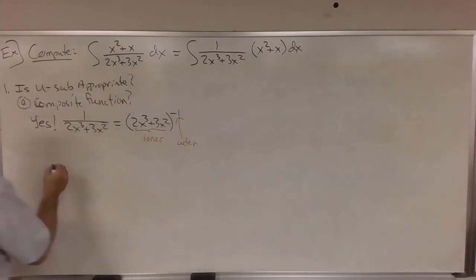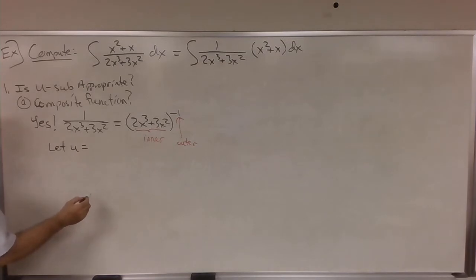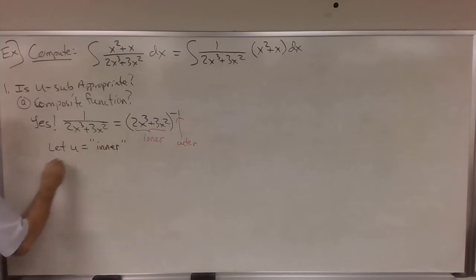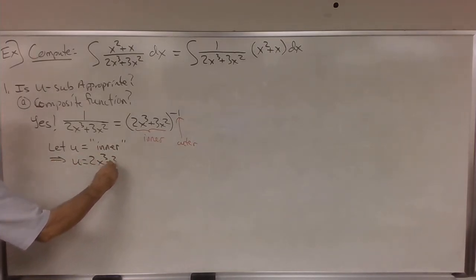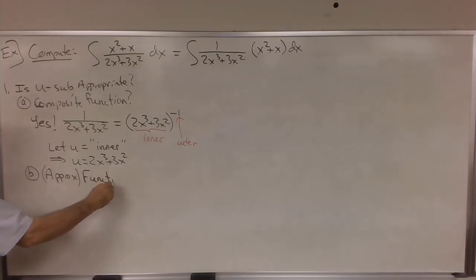And our rule of thumb, that we let u equal what? Do you remember? The inner function. So that means that u equals 2x cubed plus 3x squared. And now we go on to look for either an exact function derivative pair or an approximate function derivative pair.